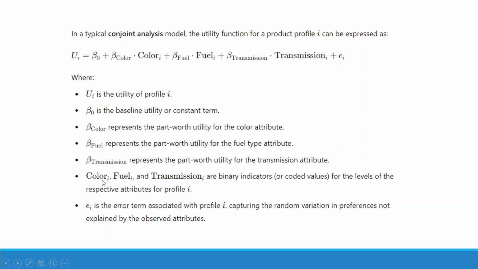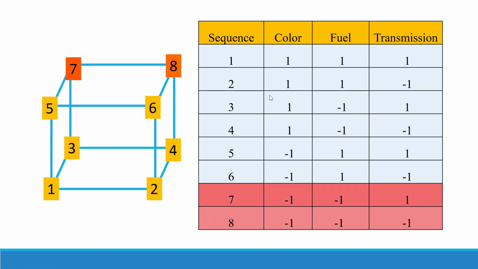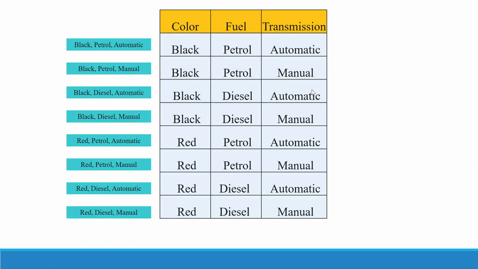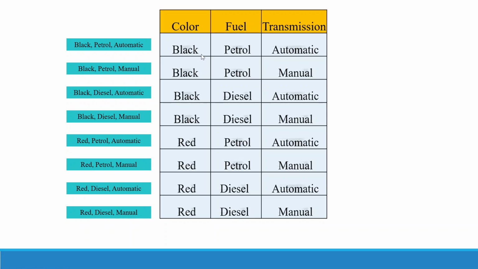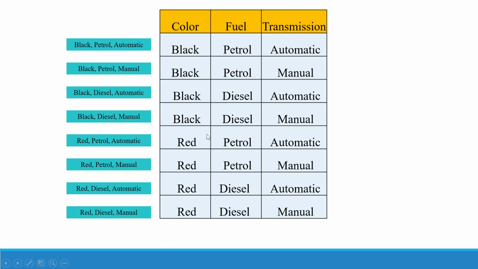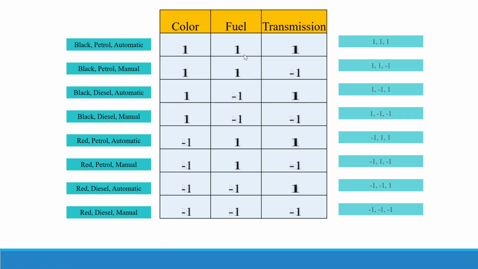Now, color i, fuel i, and transmission i are the binary indicators or the coded values, 1 or -1. So if the color is black, the code is 1. If the color is red, -1. If the fuel is petrol, the code is 1, and diesel -1.